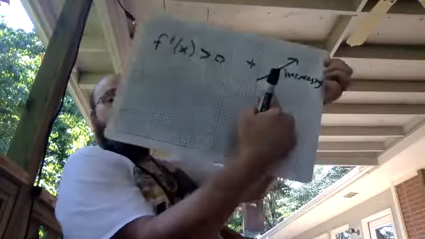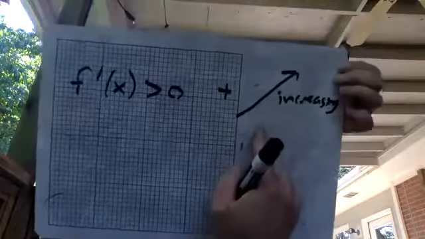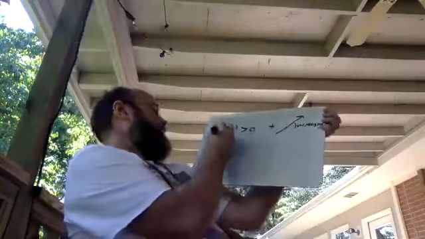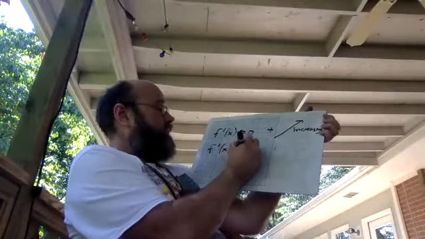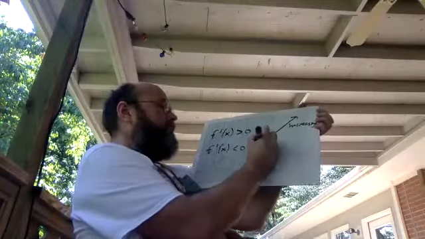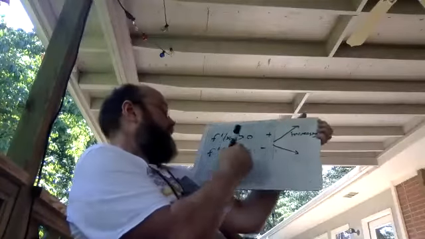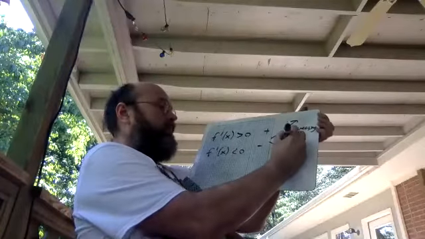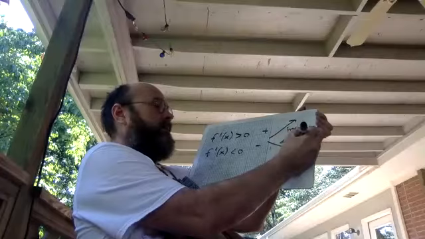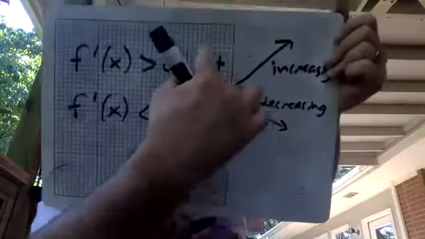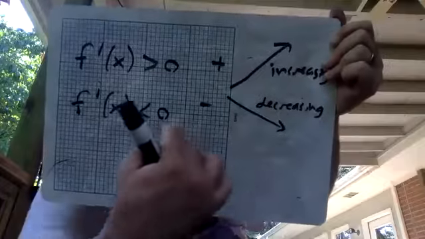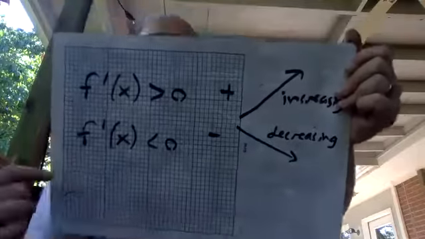Like, imagine that's your bank account. If the derivative is negative, that means that on the interval that this is true, the function's decreasing. That's kind of bad if it's your bank account. So you could think about plus, positive, increasing, negative, minus, decreasing.